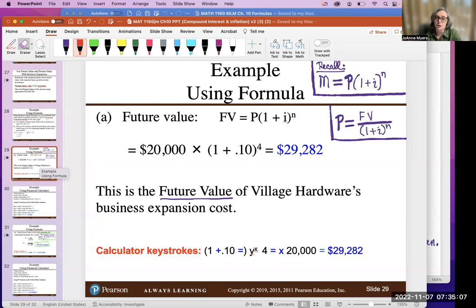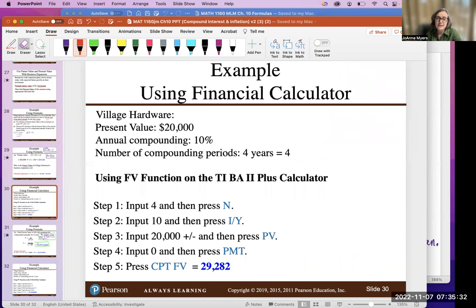It's the same equation you've been using. The N is 4 because it's compounded annually for 4 years. Your I is 0.10. Plug it in. There you go. Finding the same information with the calculator. There you go.